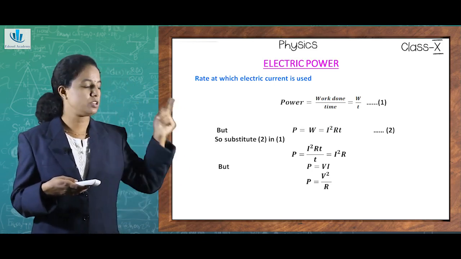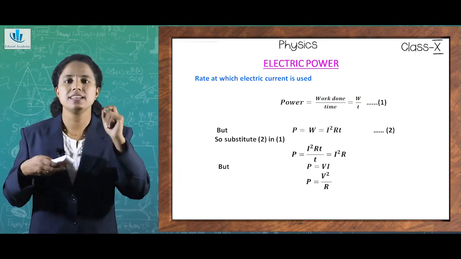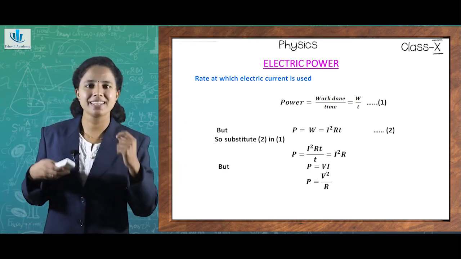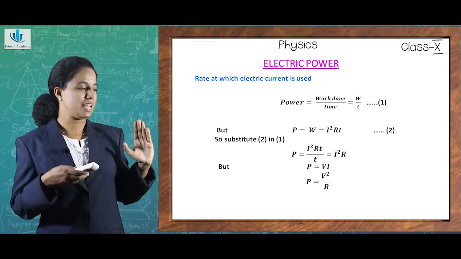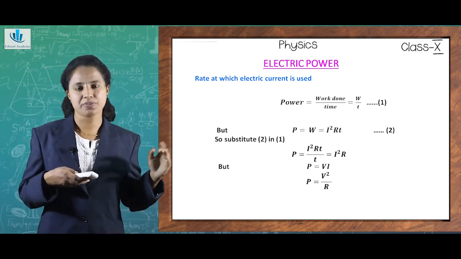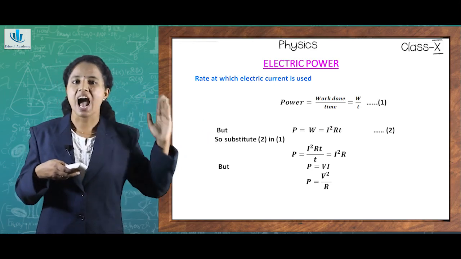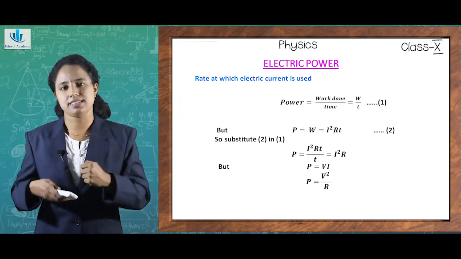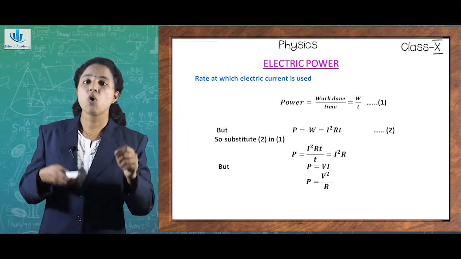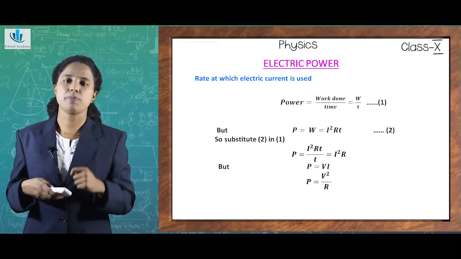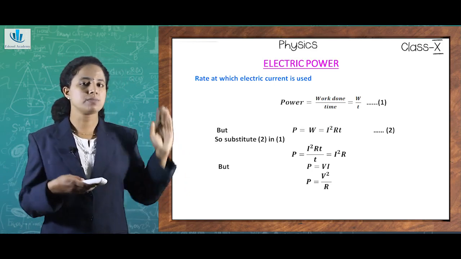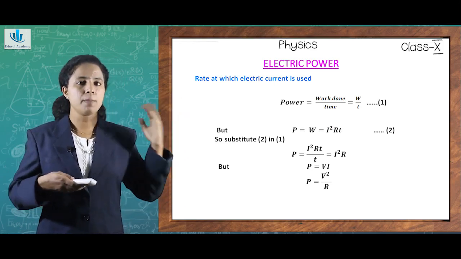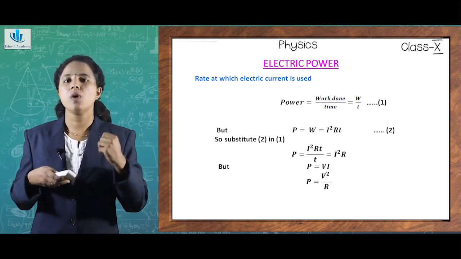You can see in the numerator and denominator there is a common term T. So I can cancel it, isn't it? So what do you finally get? P equals I square R. So power equals I square times resistance, isn't it? But we already know that there is another equation of power, that is P equals VI, isn't it? So if I substitute this in the above equation, I square R, what would I get?